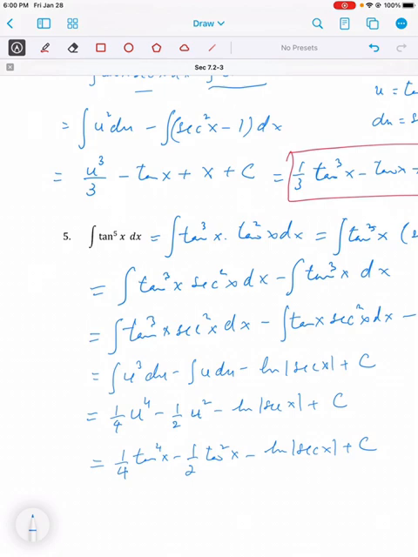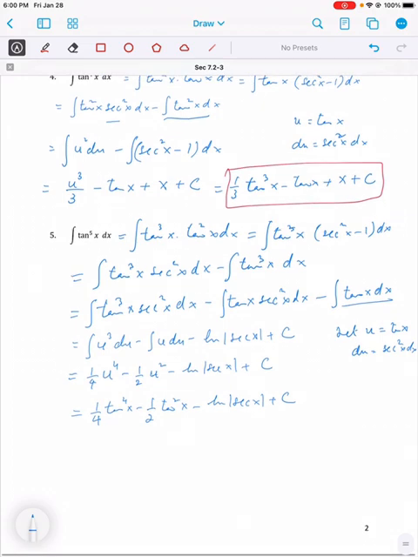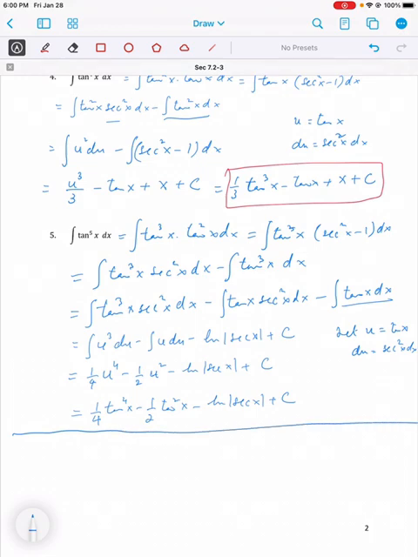So let's now look at what is happening here. Can we see a pattern here? Note that when n is odd, like example number 4, you are getting the odd powers of tangent, and then you are getting a plus x in the end plus c.